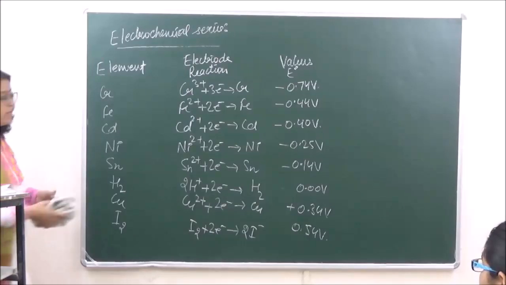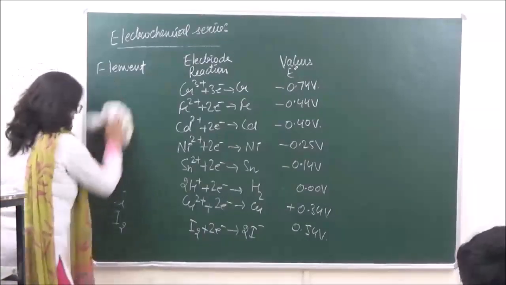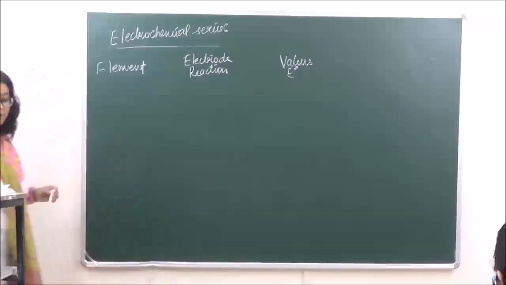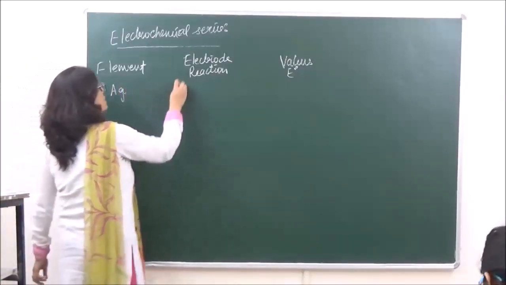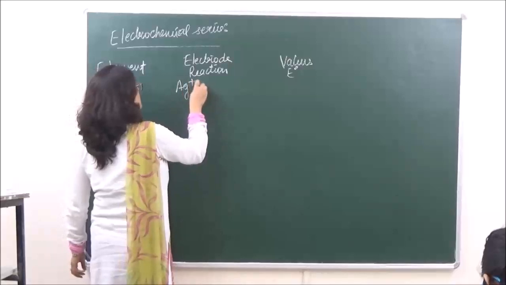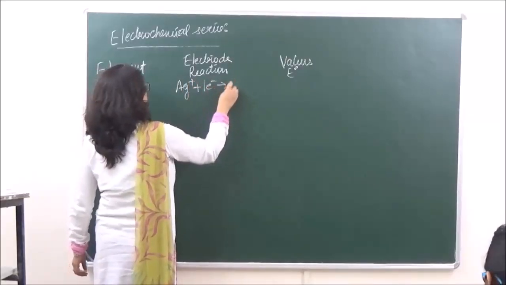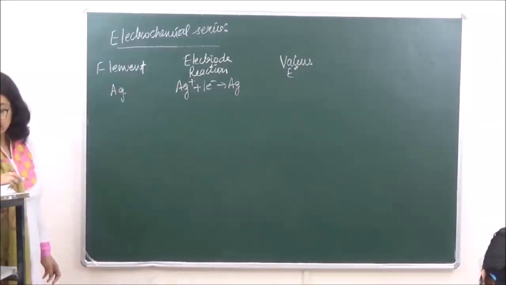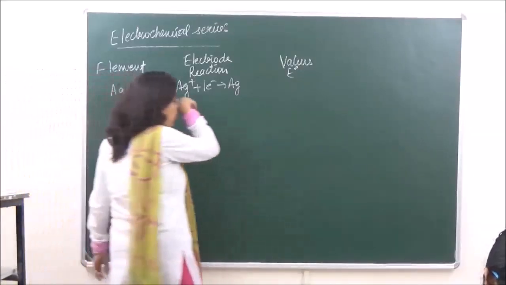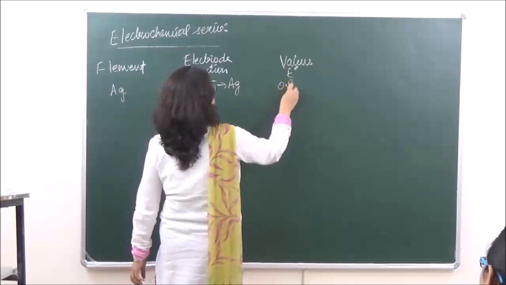Then after iodine is silver, Ag+ plus 1 electron to give Ag, and the E naught value is 0.80 volt.